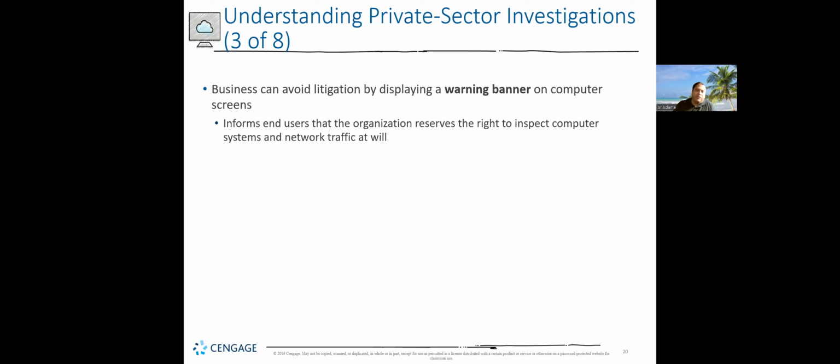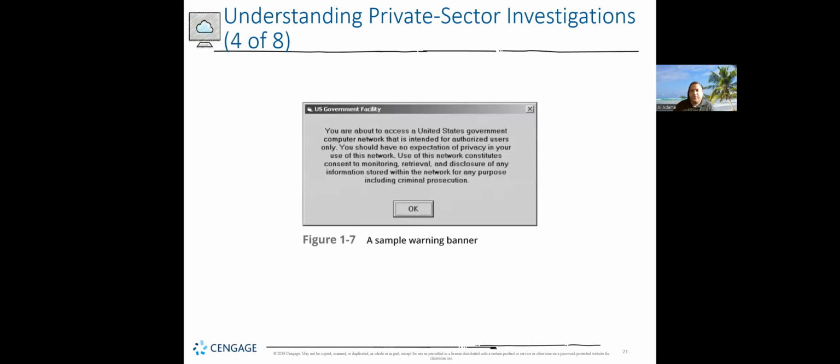So businesses can avoid litigation by displaying a warning banner on the computer screens. It informs end users that the organization reserves the right to inspect computer systems and network traffic at will. So in other words, if you log in, here's one from the government, for example: You are about to access a United States government computer network that is intended for authorized use only. Authorized users only. You should have no expectations of privacy in your use of this network.